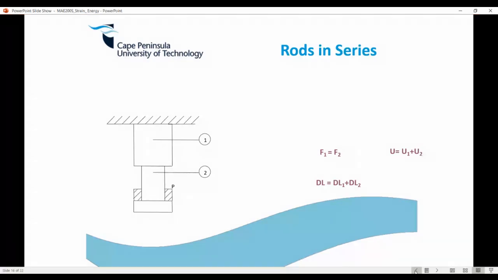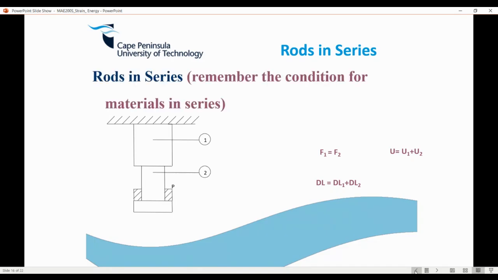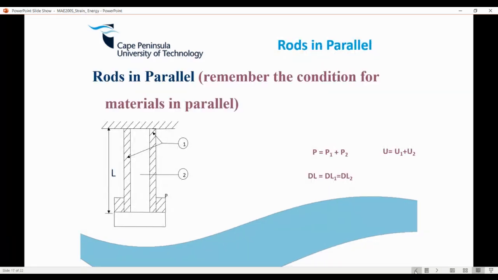Your forces are equal in both members, and your change in length, which they're calling D here, is just the sum of the two lengths. The only important thing is you have a new relationship: U1 plus U2, the strain energy stored in the first part and the second bar, is equal to the total strain energy. So yeah, that's basically that.